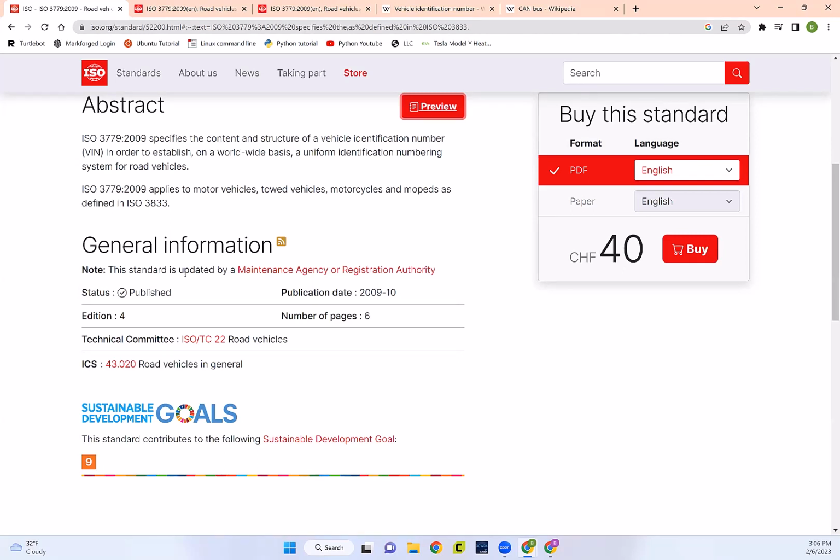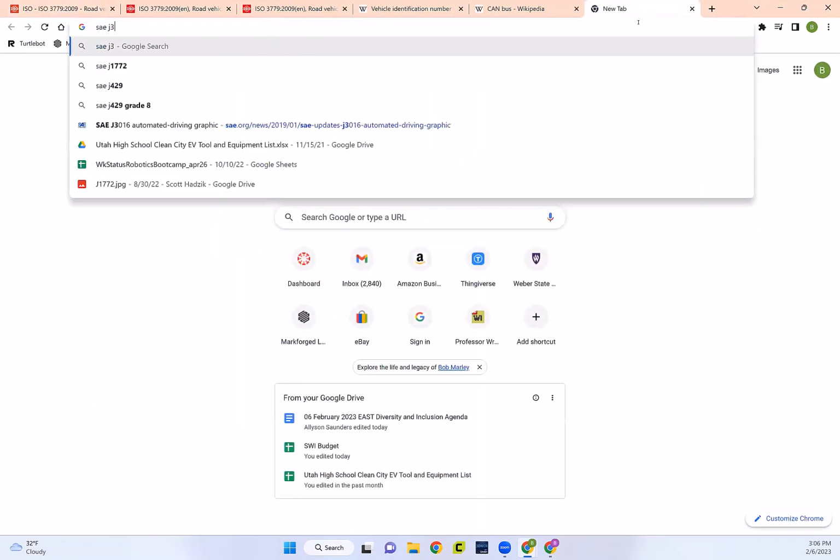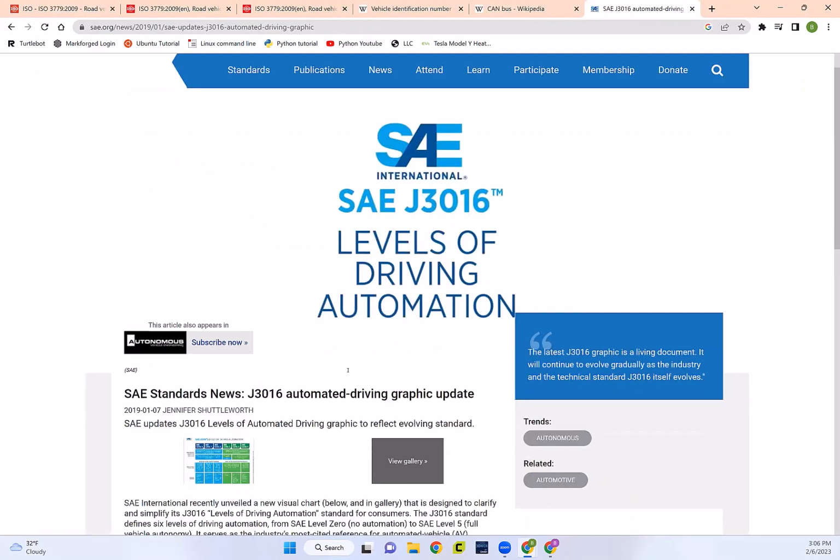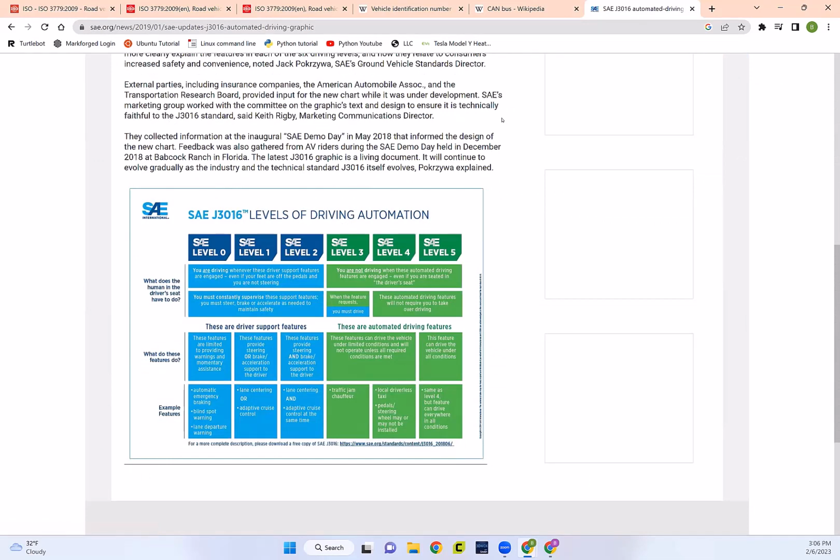And SAE has the same thing. I believe that's SAE J3016. Let's see. Yeah. So our SAE J3016, talking about our standard levels of automation. If anybody has a chance to visit Davis campus, you'll see I've got a giant poster of this screwed to the wall above my work area, where these are the SAE levels.